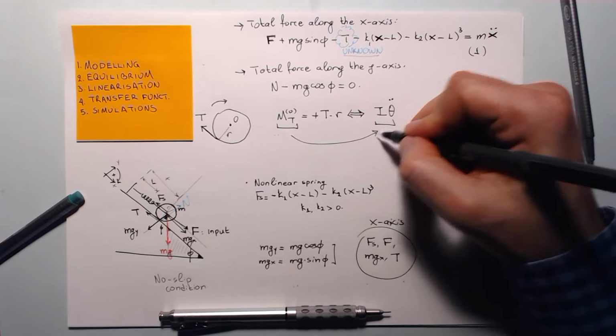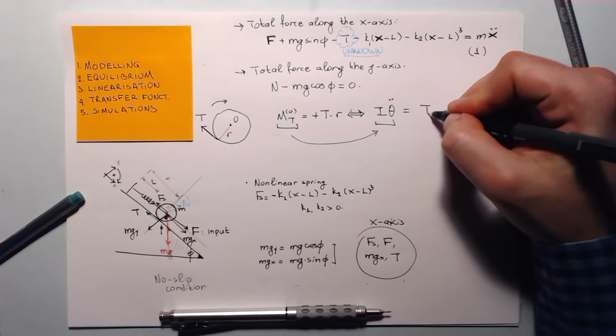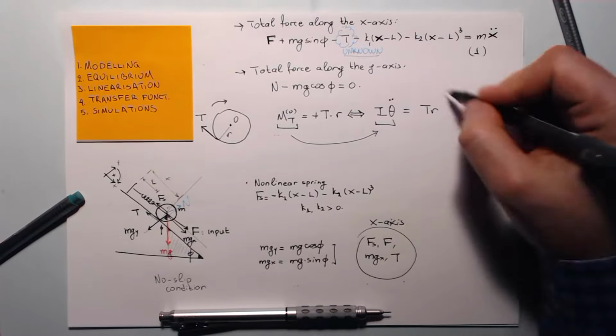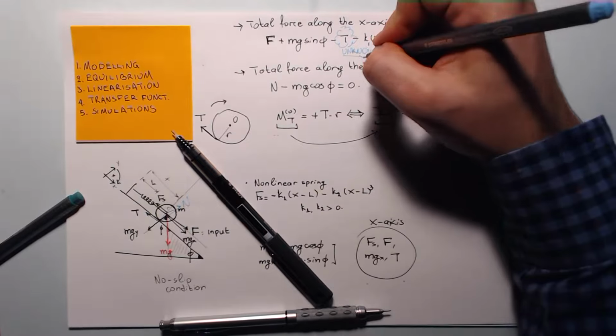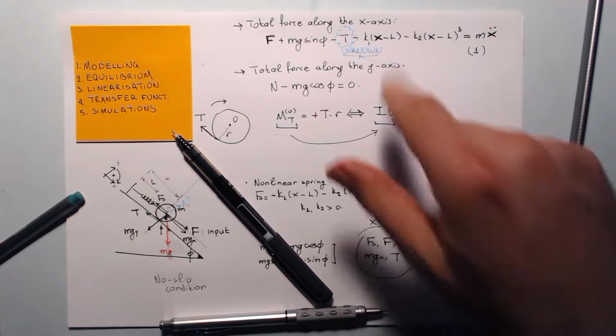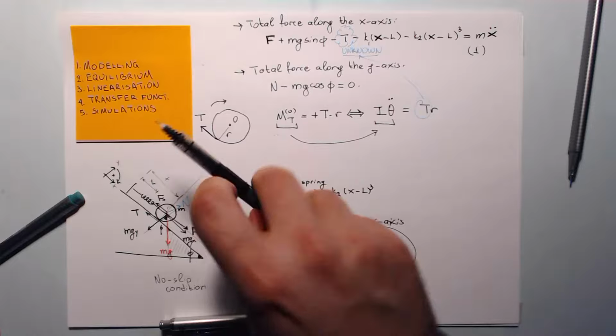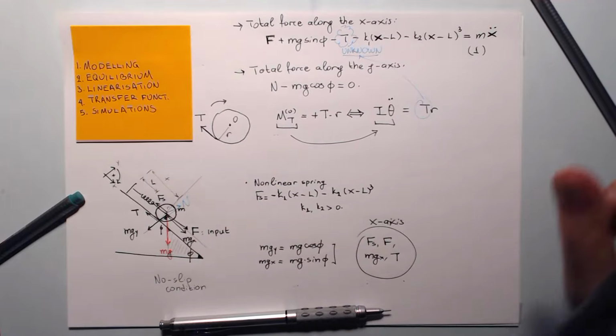So this is written like that, which is T times R. From this equation we are hoping to find T somehow and plug it back in here to eliminate T and have something more handy, more useful.